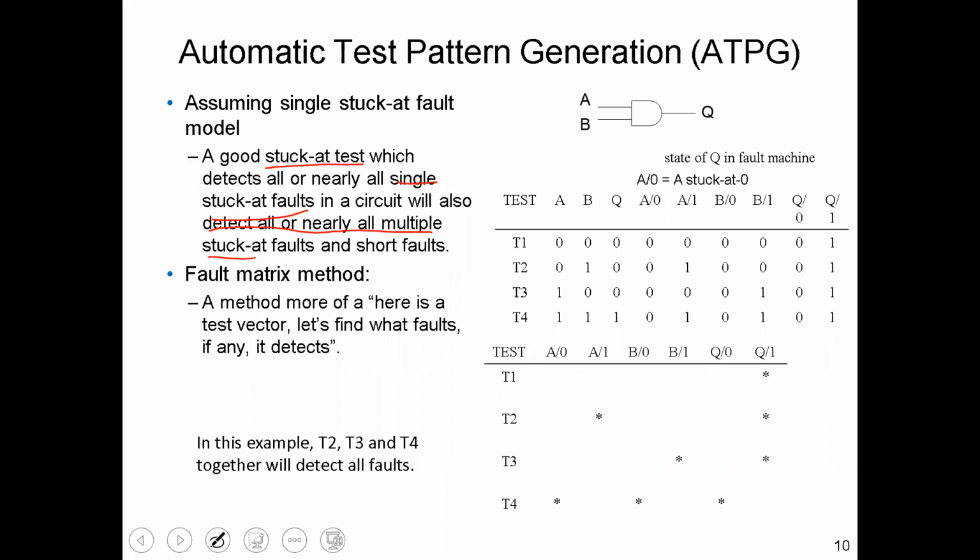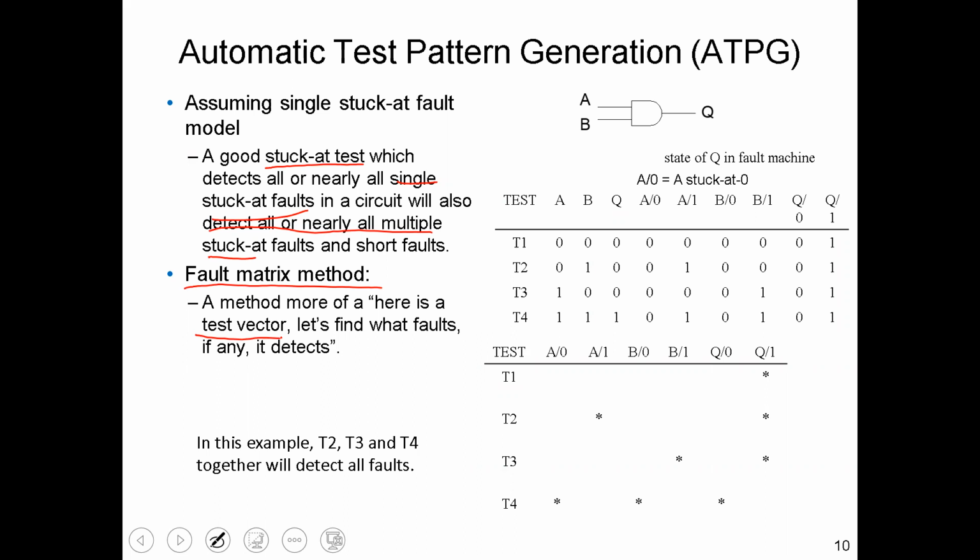Here, there are a number of methods for the automated test pattern generation. Here is the first one called the fault matrix method. This is a method more of, here is a test vector. Let's find what faults, if any, it detects. A test vector is a sequence of test signals at the primary input.